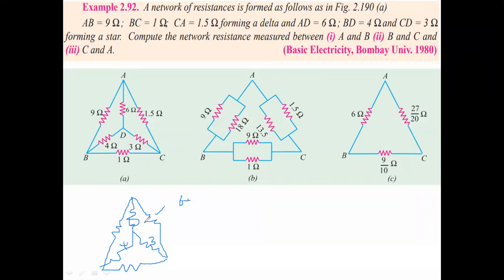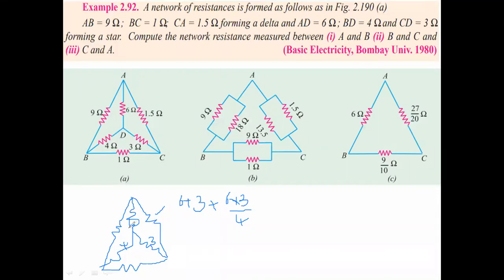This resistor is connected to 6 ohms and 3 ohms, that's why 6 plus 3 plus 6 into 3. This resistance is not connected to the other resistances, so divided by 4. So 6 plus 3 plus 6 cross 3 by 4 is the resistance of this delta term.